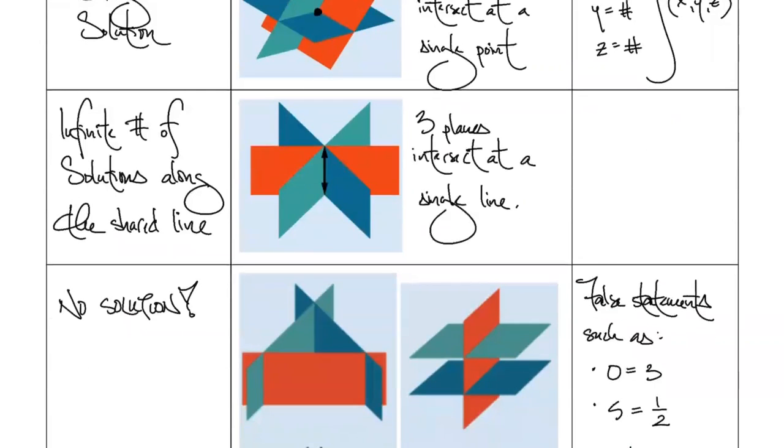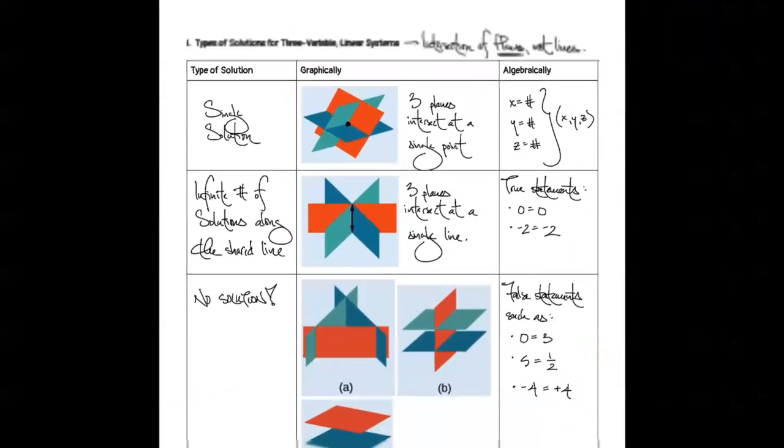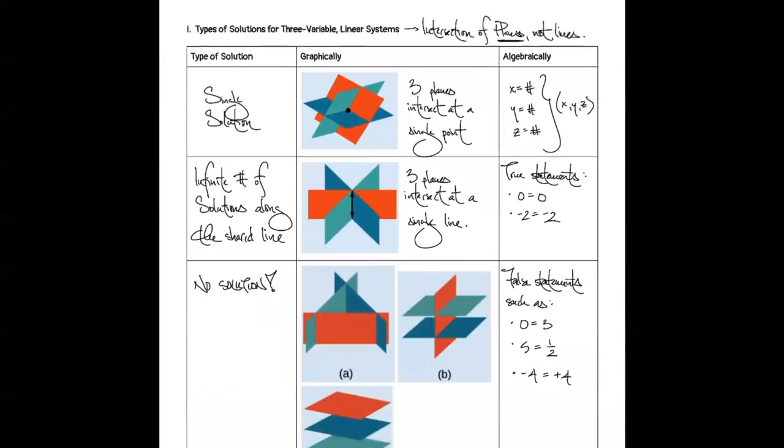And so in contrast to the no solutions, we don't want false statements, but we want true statements such as 0 equals 0 or -2 equals -2. All of those are okay. All right. So 3 different cases, just like we have with the system of 2 equations.